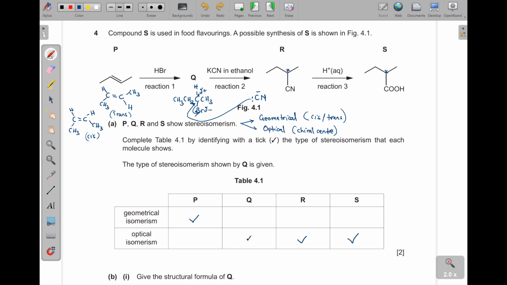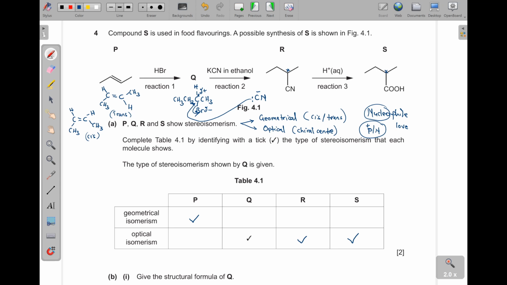Because it is rich in electrons, what is the meaning of nucleophile? Phile means love. Then nucleo, it loves what is in the nucleus. And in the nucleus of an atom, we know that we have protons and neutrons. Neutrons do not have any charge, but protons are positively charged.